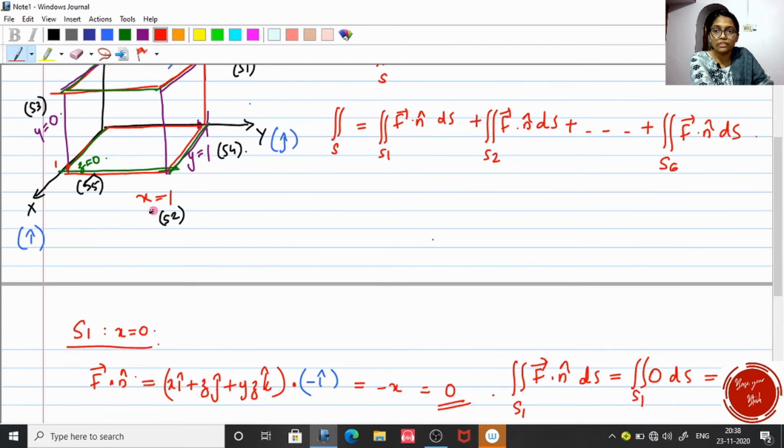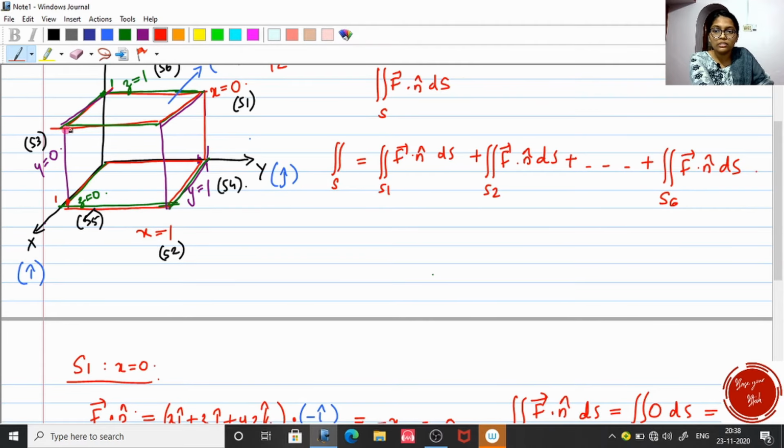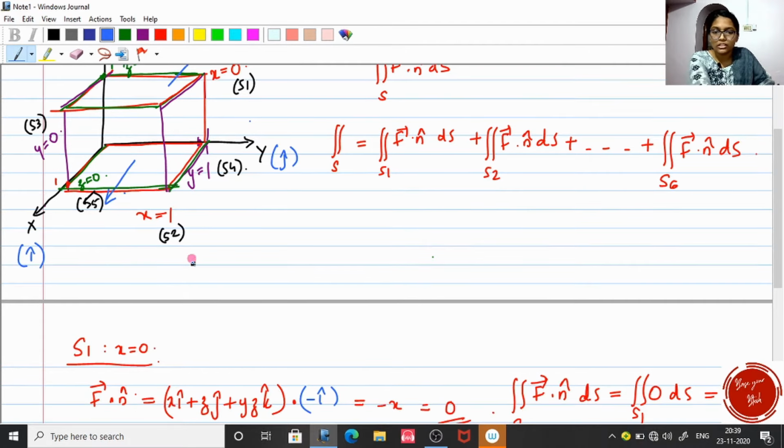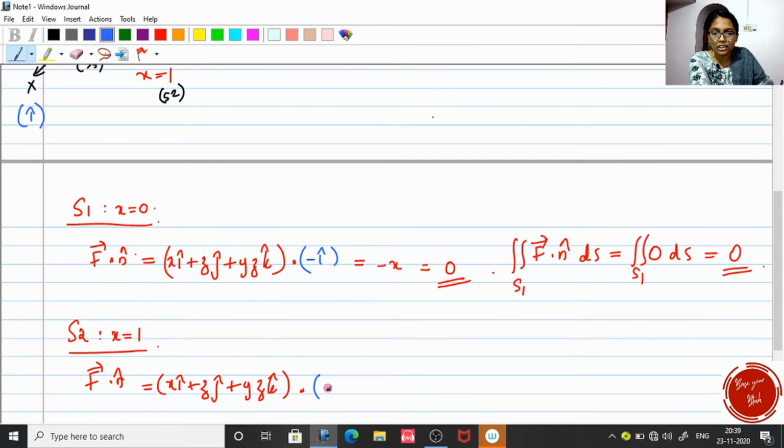N cap is the unit vector perpendicular to this S2 surface. It is along the positive x direction. So, the unit vector is simply i cap. Okay. So, here dot i cap.